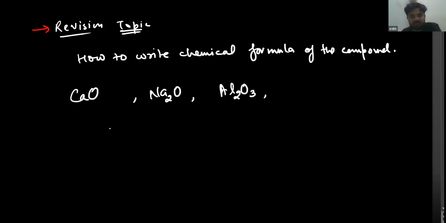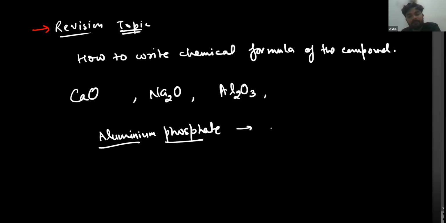Okay. What is the formula of aluminium phosphate? Aluminium phosphate. What should be the formula of aluminium phosphate? AlPO4. PO4 only. And the formula for ammonium phosphate?